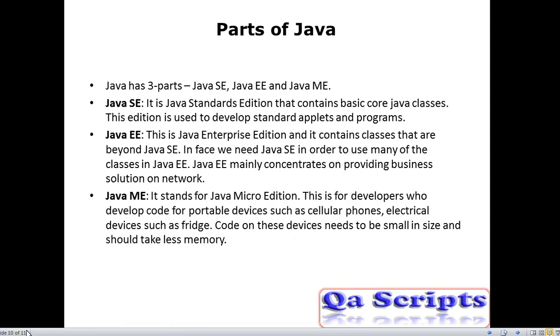Java Micro Edition is for developers who develop code for portable devices such as cellular phones and electrical devices such as a fridge. Code on these devices needs to be small in size and should take less time as well as memory.